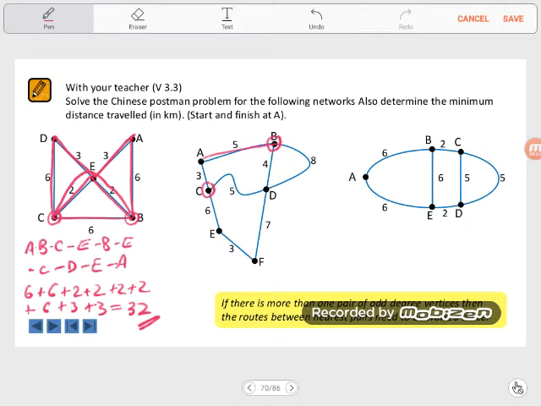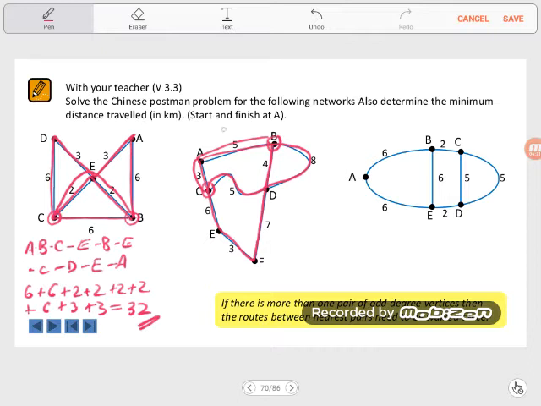Let's go all the way around to B, back around to D, over to C, then down to E to F, back up here, and then we'll go up to B. Now, the question is, should we go back through this way or go to A? Let's try going to A to C, and then I think back to A is the best way.